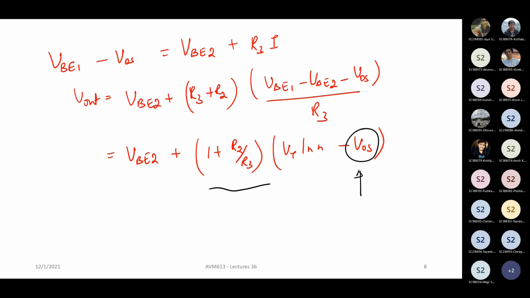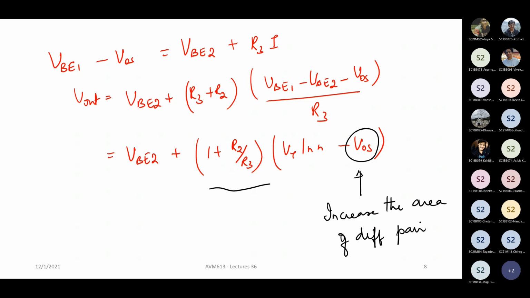Now, how can you reduce the random offset of the op amp? Increase the area. Basically, you need to increase the area of the differential pair.